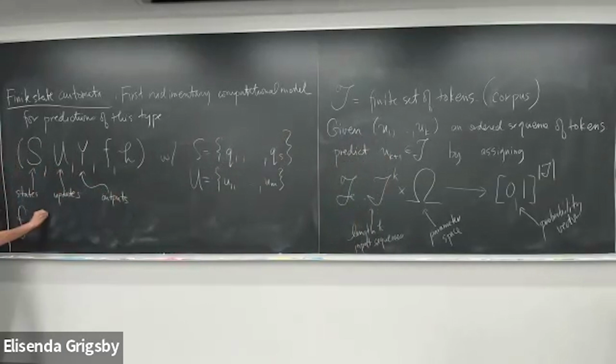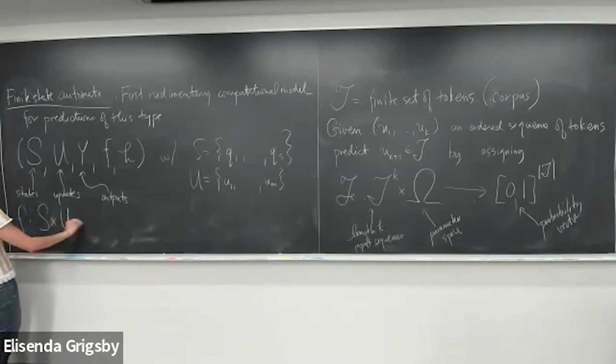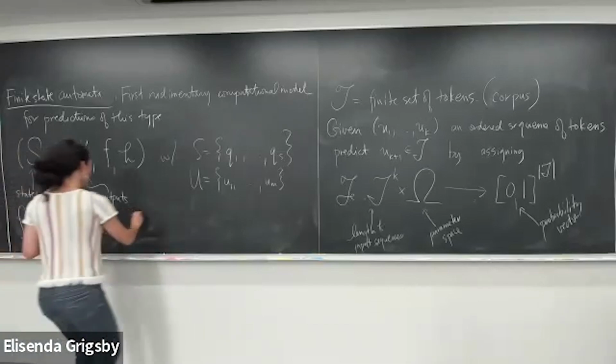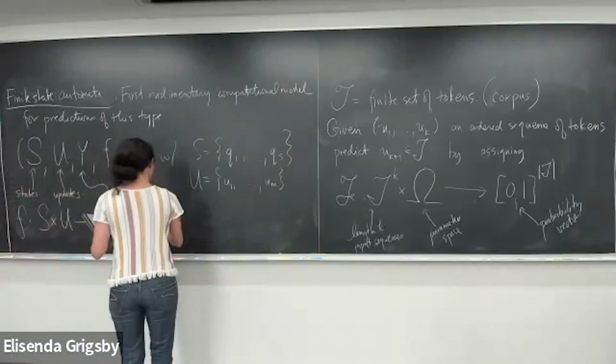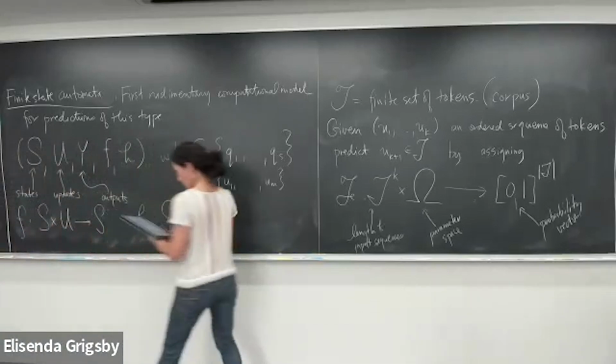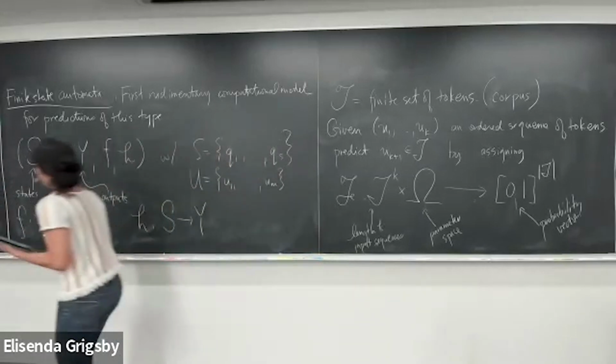Then F is a map that takes in a state and an update, and it gives you a state. H is a map from states to outputs. This is the update map.